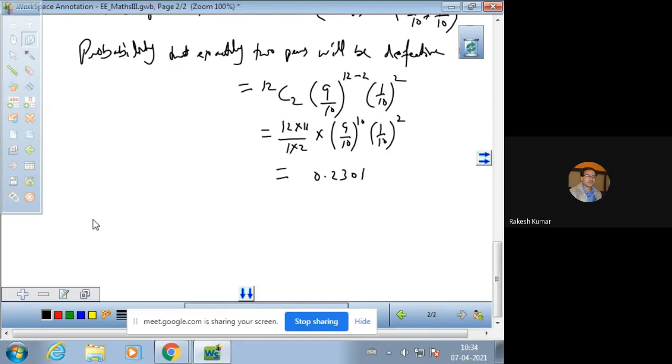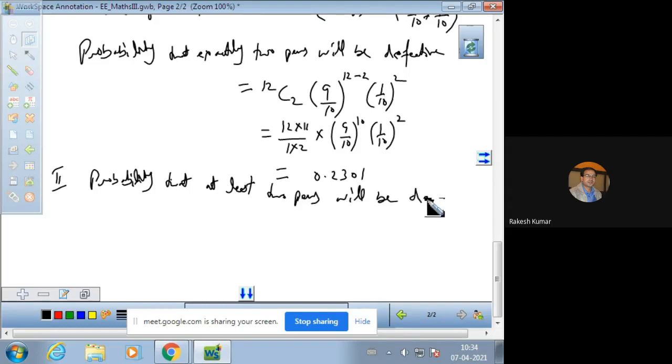Now we have another part. We have to find out the probability that at least 2 pens will be defective. This we need to find out.